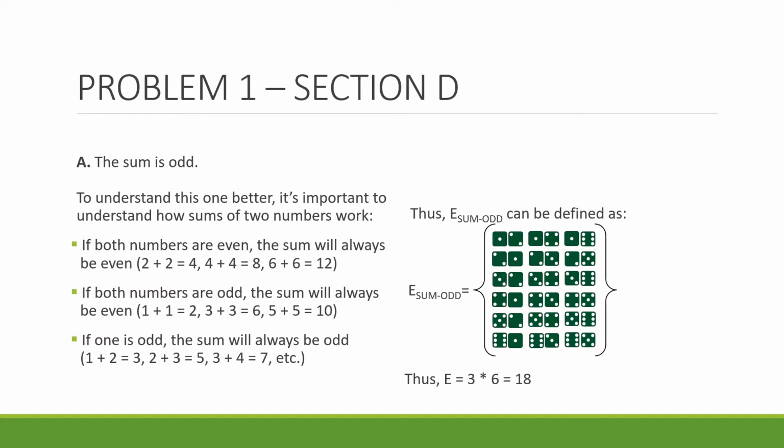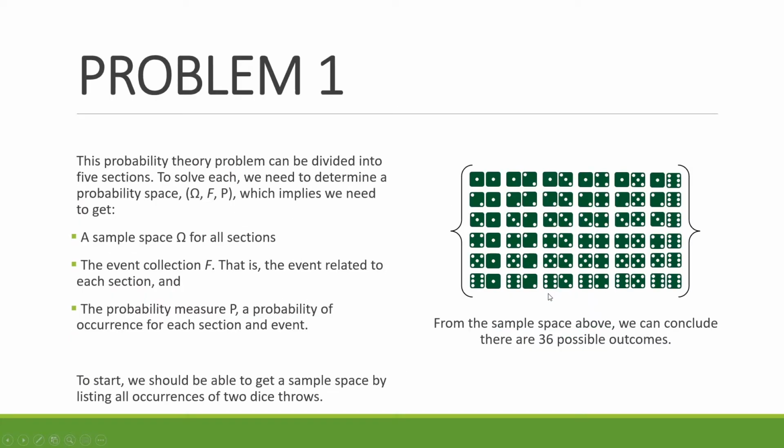So, although I didn't really display it here, you can see that in the sample space, for each row, only three conditions satisfy: 1 and 2, 1 and 4, 1 and 6, 2 and 1, 2 and 3, 2 and 5, and so on.